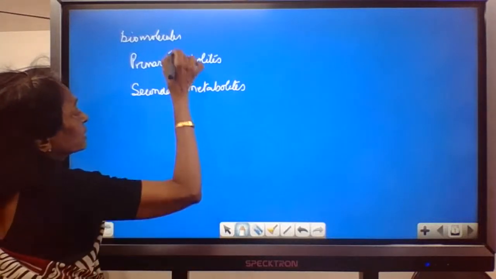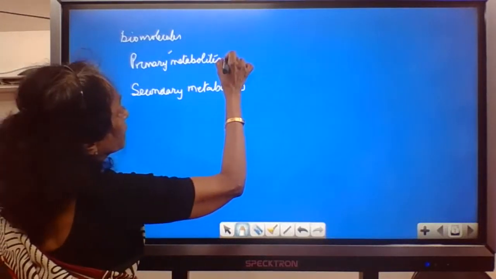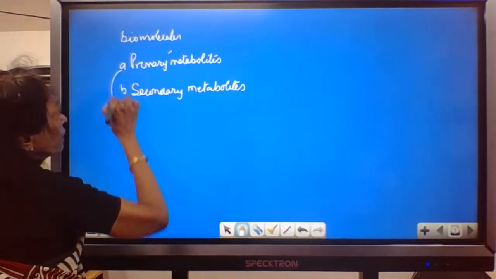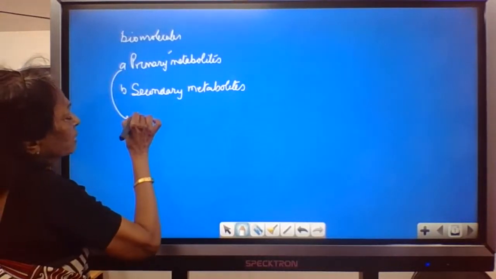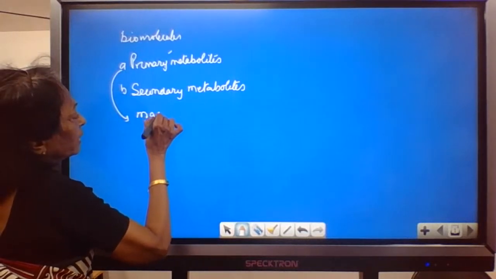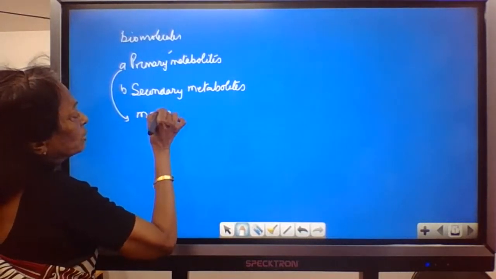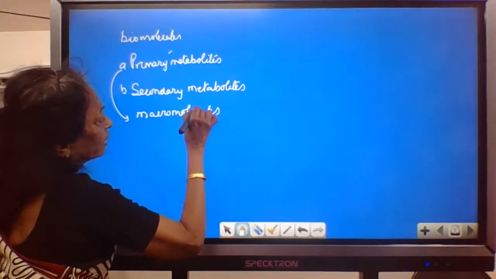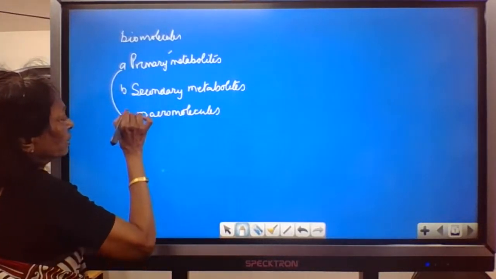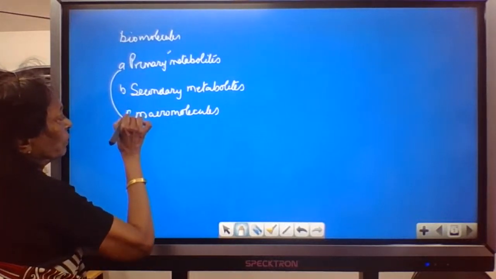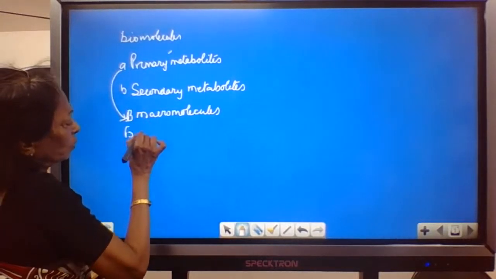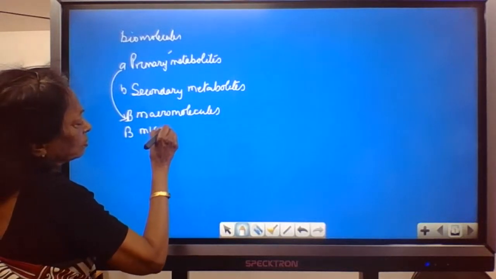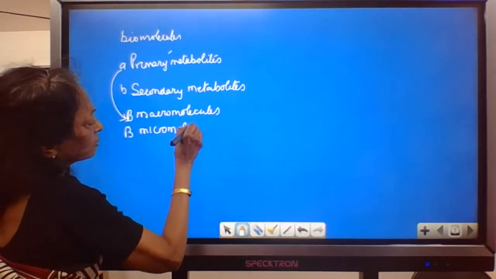The primary metabolites are again grouped, A and B, as macromolecules and micromolecules.